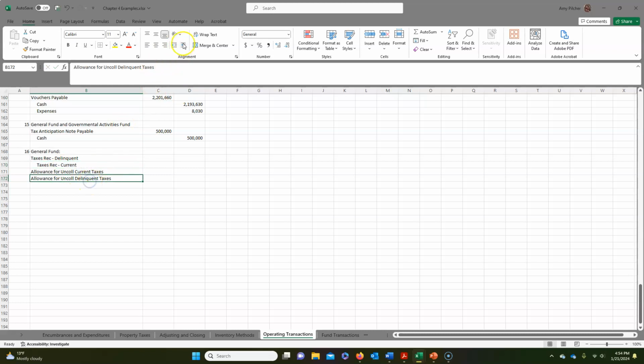Credit. We're going to reverse that, the allowance we put in when we first recorded the taxes, and we have delinquent taxes for $189,000.